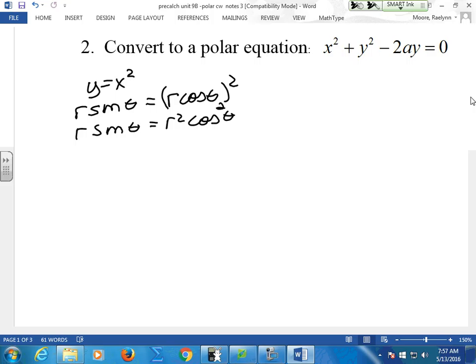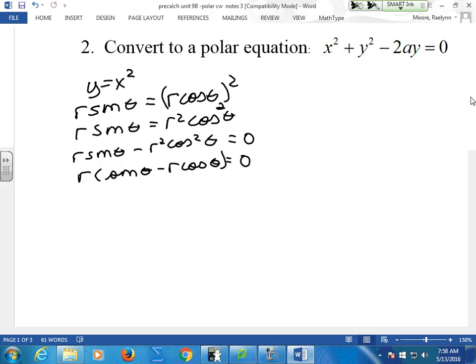So we're going to move everything to one side. And now we can factor out an r. Good with me so far? We're just solving your equation for r.